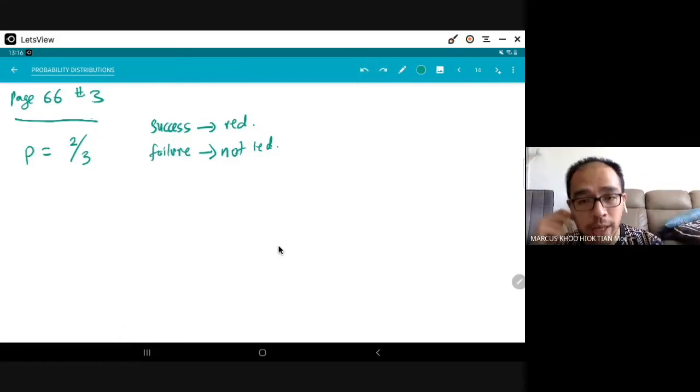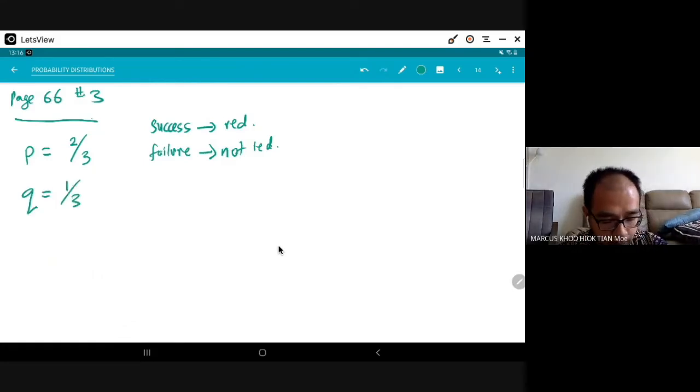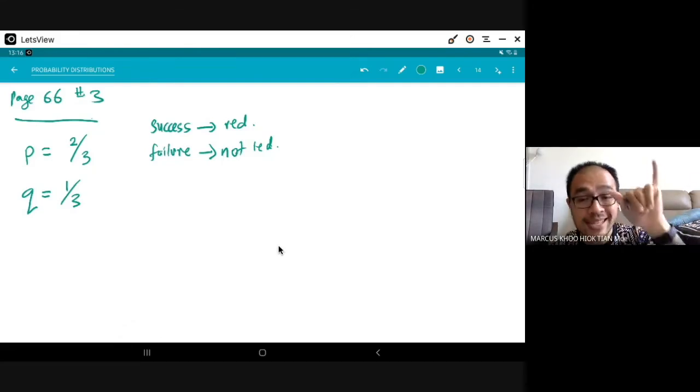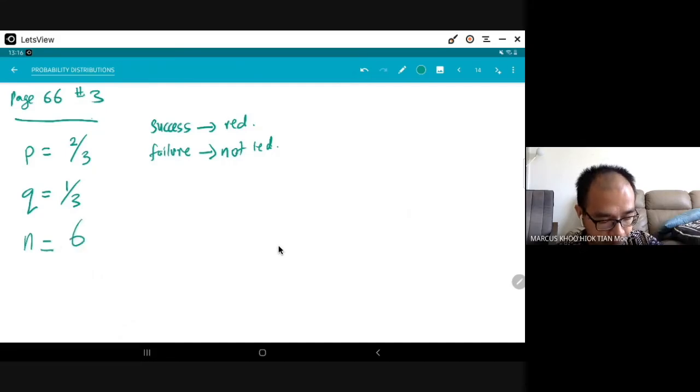You can still do it in decimals, but I'm going to use 2/3 just to show you. So my q will be 1/3. This one confirm. What is my n? From the question, a random sample of 6 t-shirts. So my n equals 6.